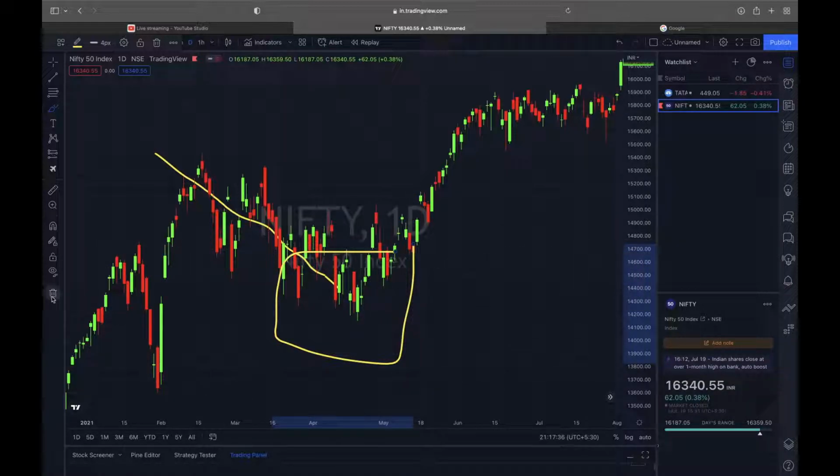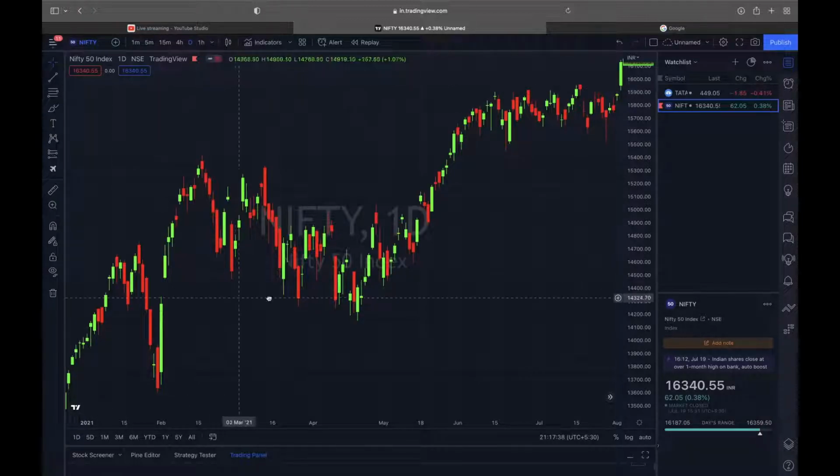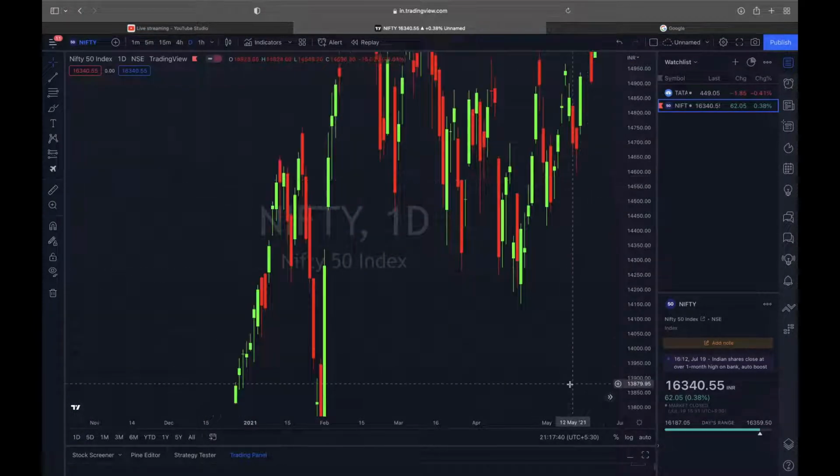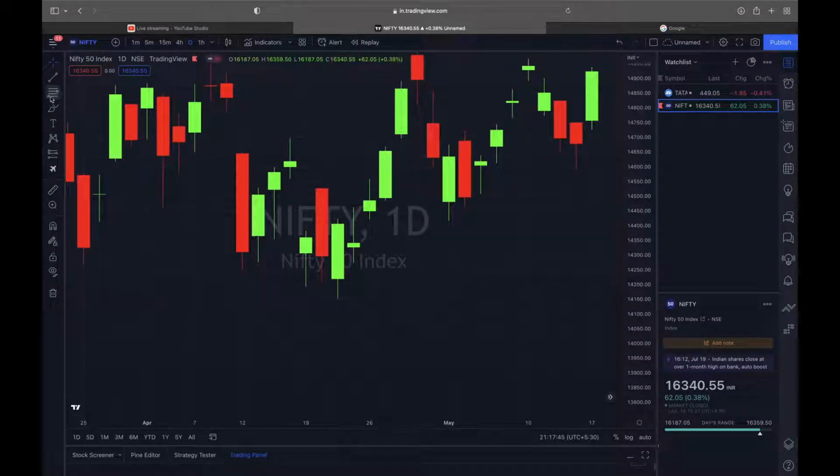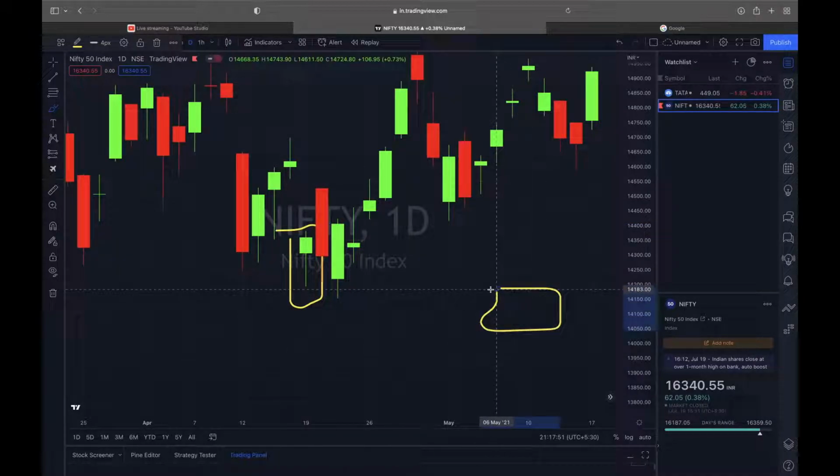I'll spot somewhere over here. Then you can zoom in and spot the candle. Can you see a candle like this, everyone? Check this out. Is it similar to what we saw? Batao.